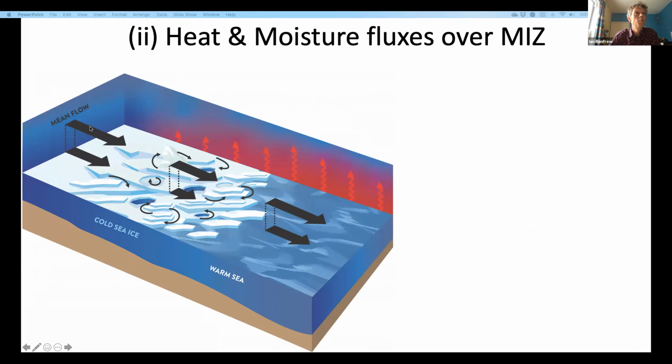It's again a cold air outbreak situation, so winds coming off the sea ice pack over the marginal ice zone where there's a lot of turbulence, and so some deceleration, and then speeding up a little bit again when you get over the relatively warm water. You can see that in this situation, you're going to get changes in the heat fluxes, which I've indicated by the length of these red wiggly arrows here.